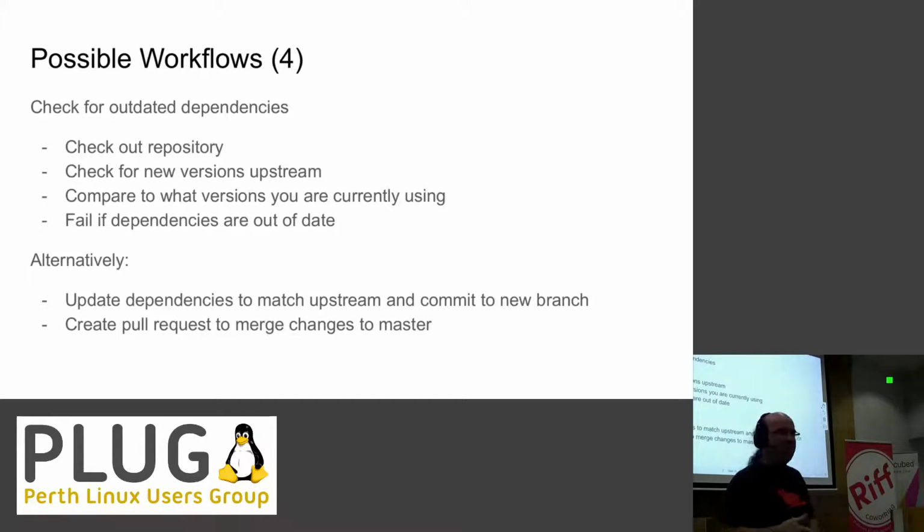Or one thing I know some of my colleagues have set up is a workflow that will actually update the dependencies, commit this to another branch and create a pull request pointing back at master, which has the benefit that if you've got a workflow which is also run from pull requests, you will actually check to see, does my code actually function with these updated versions? And if so, hit merge and it's done.